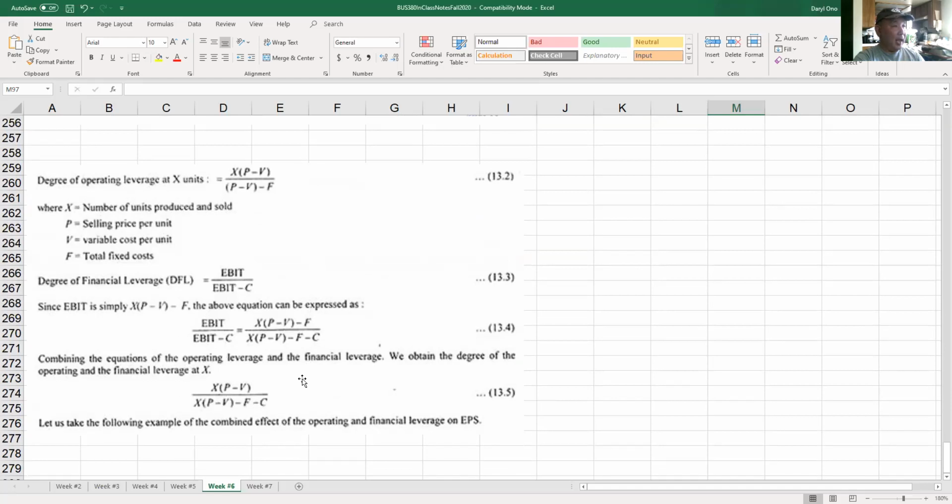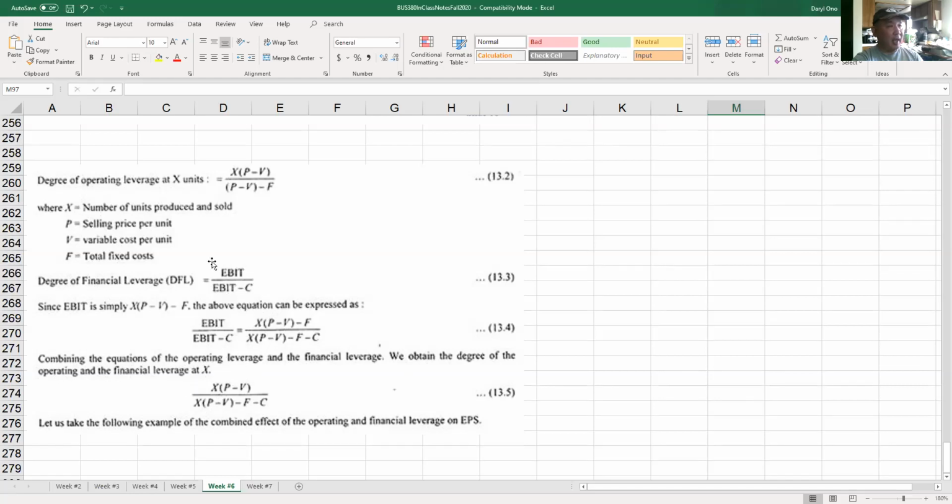All right, and so you can see here we have all these formulas. But down here, this is the degree of combined leverage. Right here is the degree of financial leverage, and right here is the degree of combined leverage. So two different formulas here.